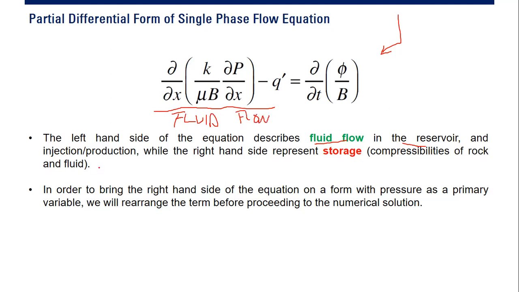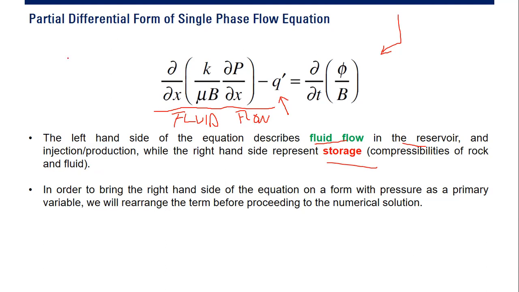And injection and production. Yeah, here, injection or production. So the left, kiri, describes fluid flow, aliran fluida on the reservoir, while the right-hand side represents storage, penyimpanan, penampungan, which includes compressibility of rock and fluid.